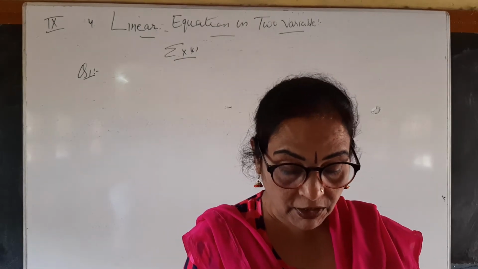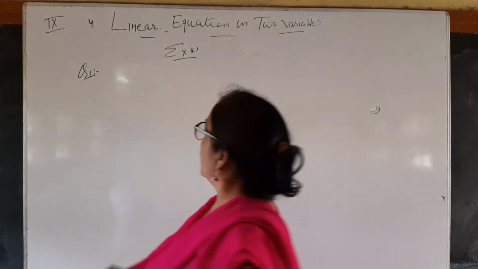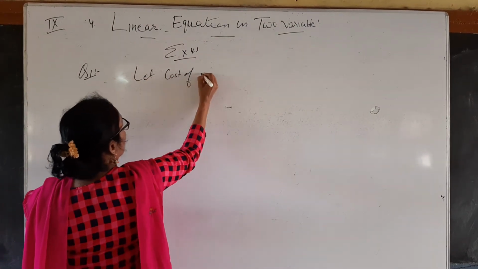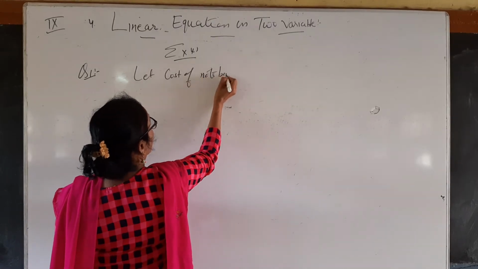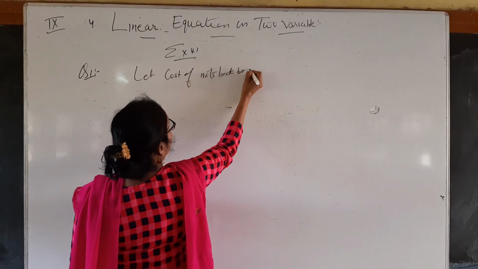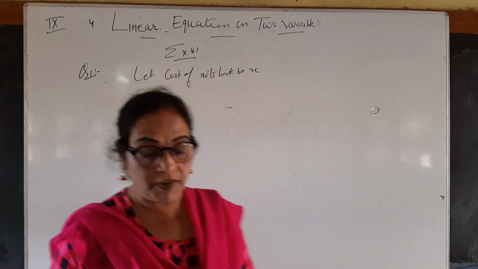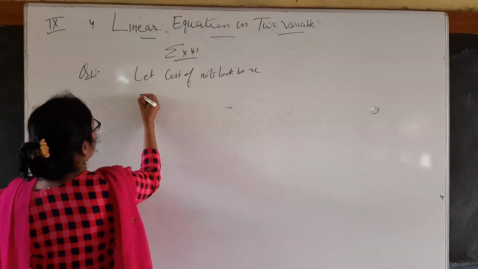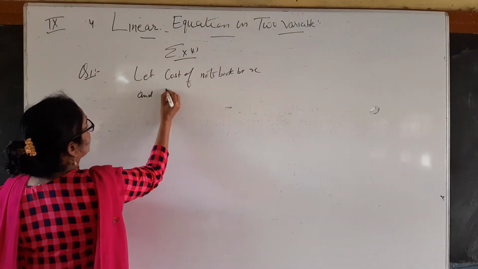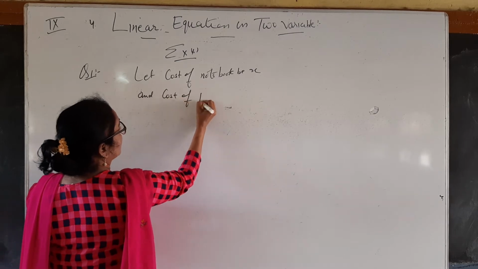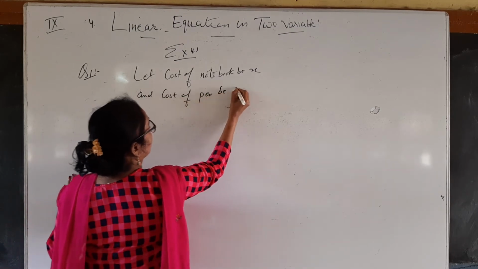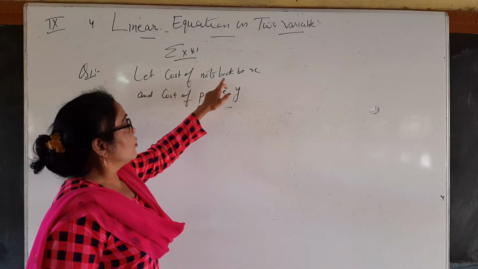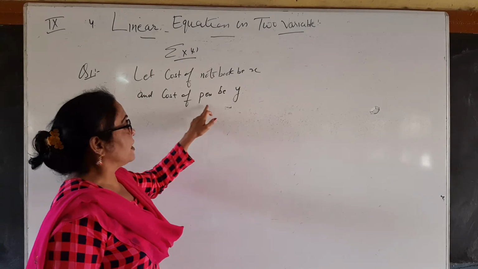So we will suppose, let the cost of the notebook be x and the cost of the pen be y. Here we have supposed the cost of the notebook is x and the cost of the pen is y.